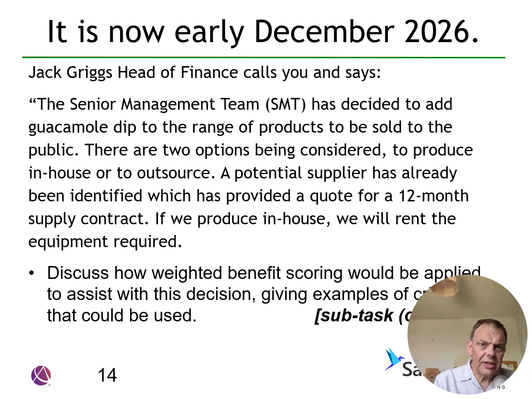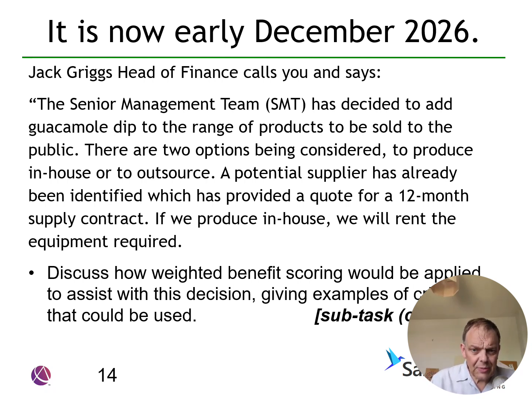So let's look at this scenario in question. Jack Griggs, head of finance, calls you and says the senior management team has decided to add guacamole dip to the range of products to be sold to the public.